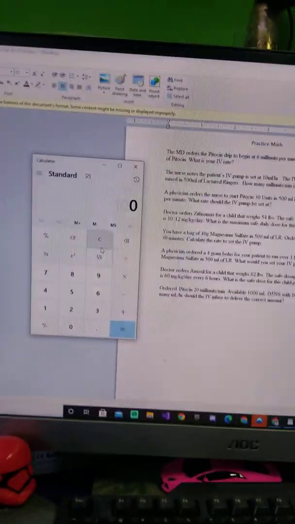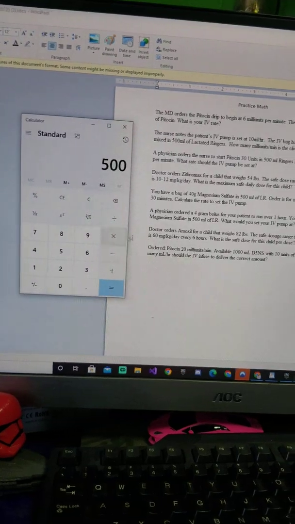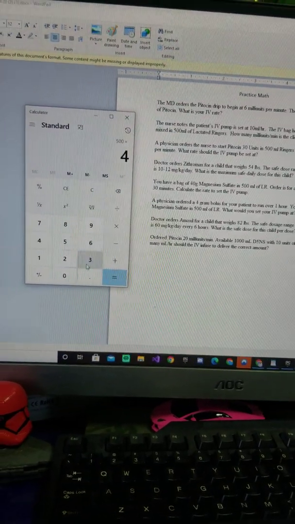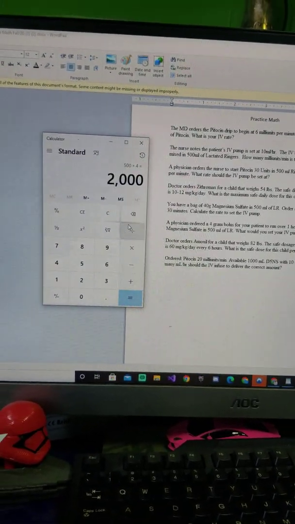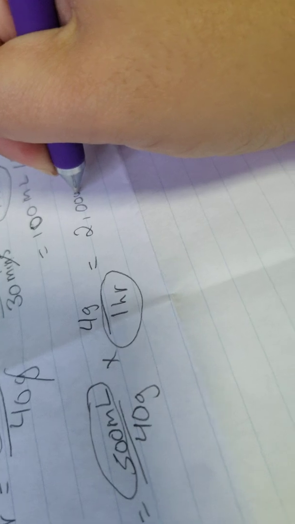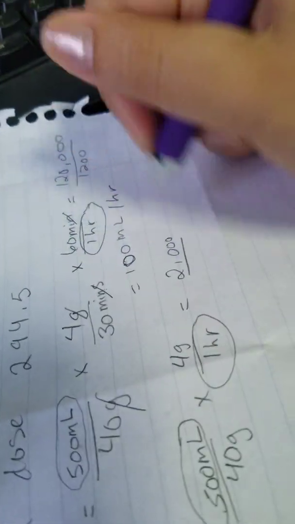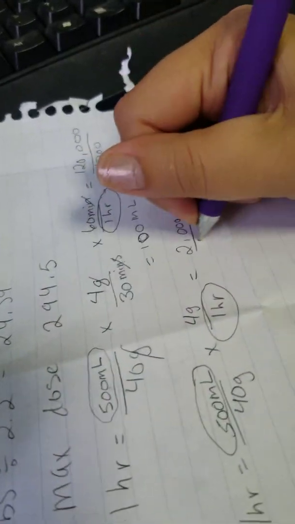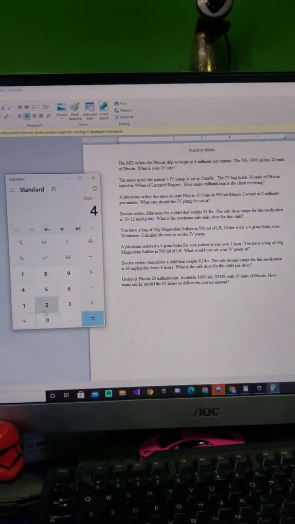So you got an hour, you got your 500 milliliters, and you're going to multiply across. So 500 times 4 is 900, I think, right? It's 2,000. I was wrong. Why was I thinking 900? My brain's fried. Okay. Divided by 40, because that's what we got left. Divide your 2,000 by 40, you got 50.